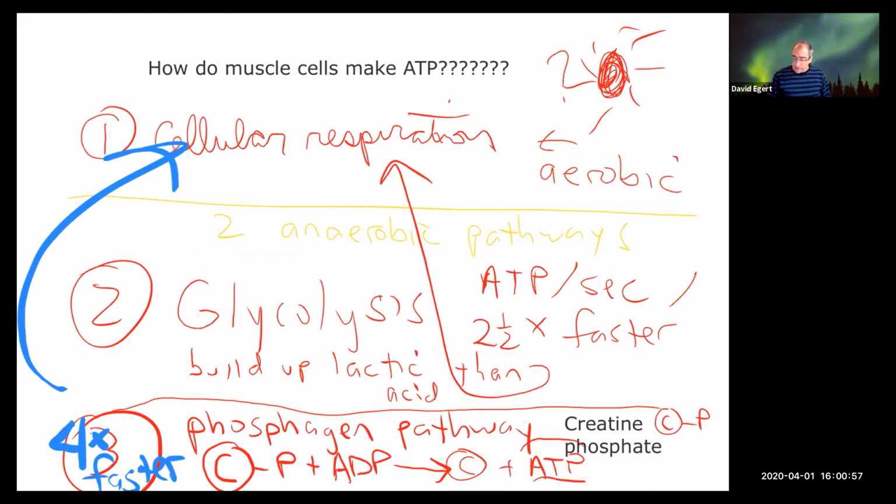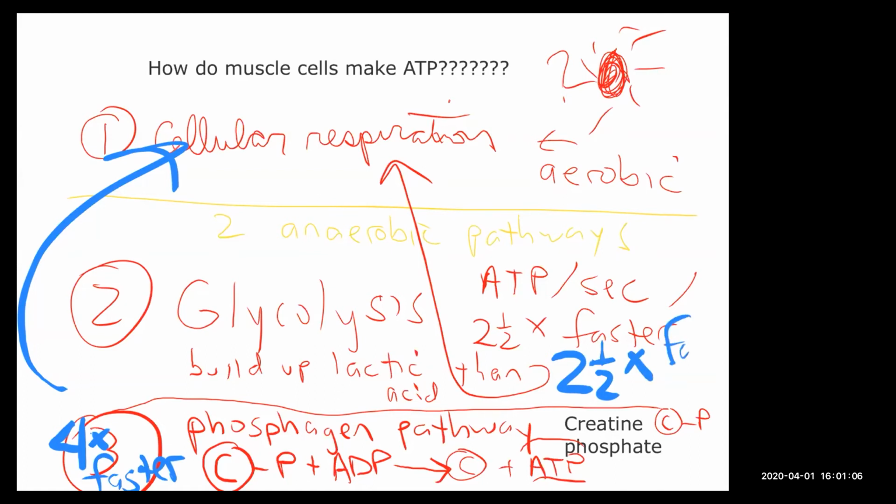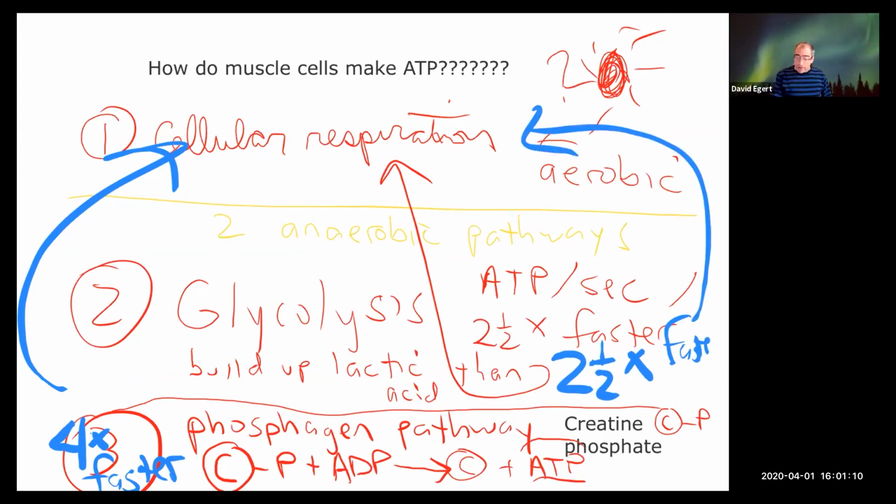So this is 4.5 times faster than cellular respiration. Glycolysis is 2.5 times faster than cellular respiration. Both glycolysis and the phosphagen are not sustainable. In glycolysis, you're building up lactic acid that you need to deal with. With phosphagen, you're breaking apart all the creatine phosphate, which has to get dealt with and regenerated.